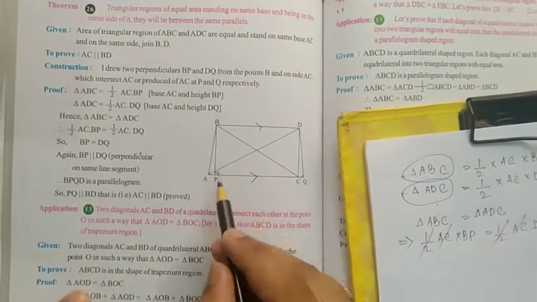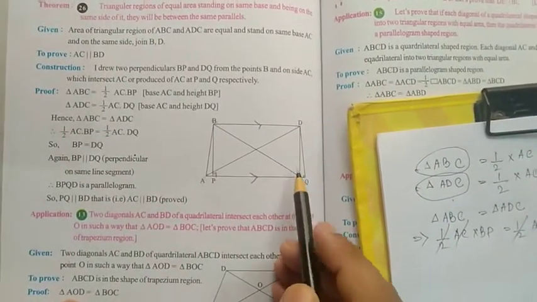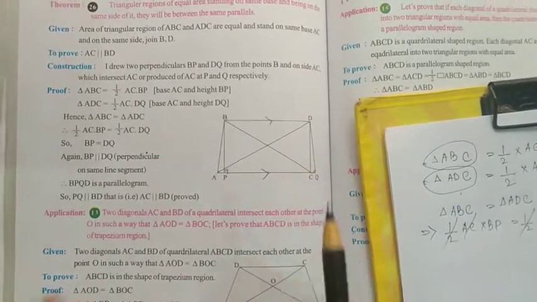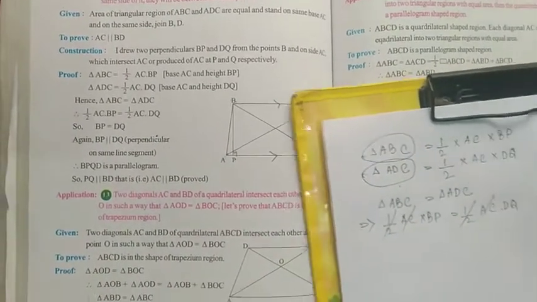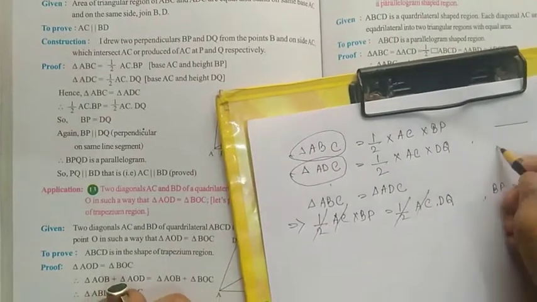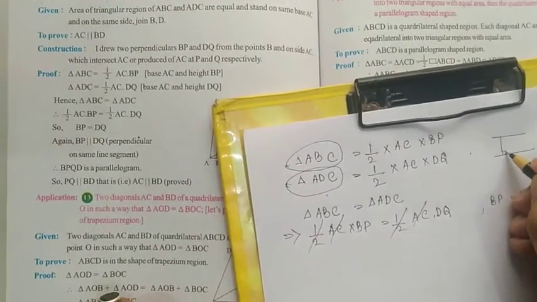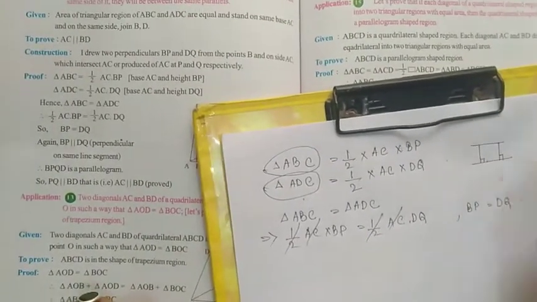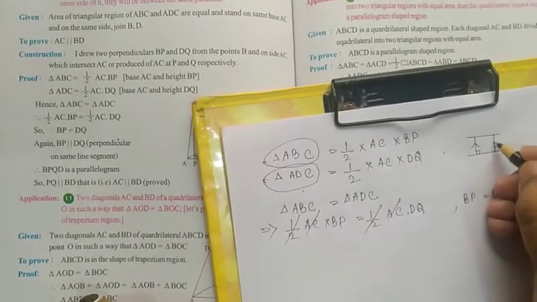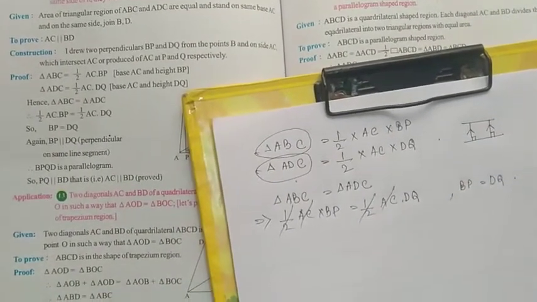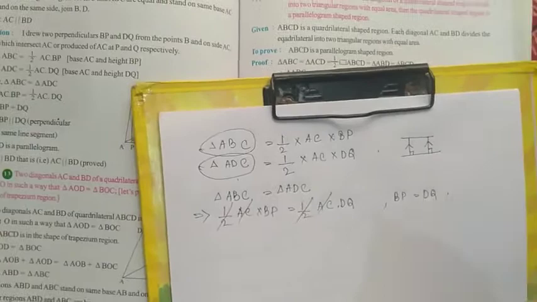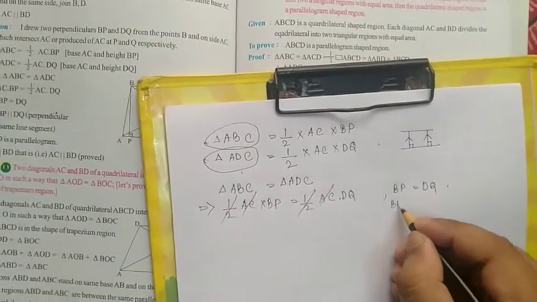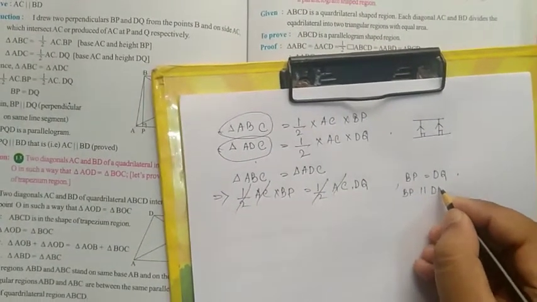Again BP and DQ both are parallel because they are perpendicular on the same line segment. If we draw these two perpendiculars, they are always parallel. So therefore BP equals DQ and BP is parallel to DQ.